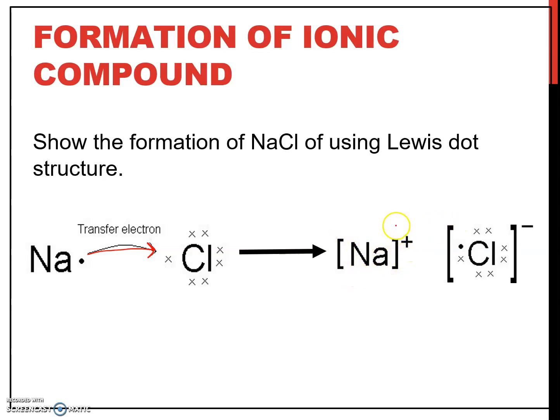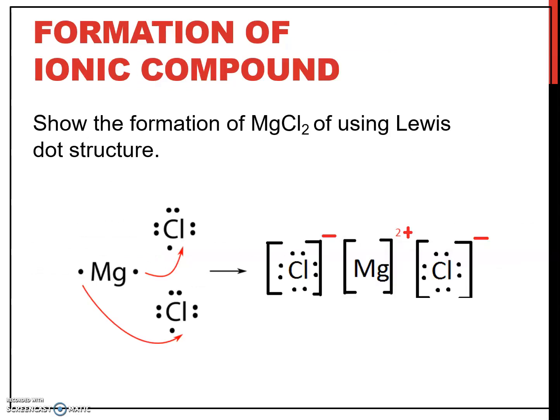Since 1 electron has been removed, the chlorine becomes an ion, chlorine minus 1, since chlorine accepts or gains 1 electron. Don't forget to put the bracket for anion and cation. So sodium chloride was formed.